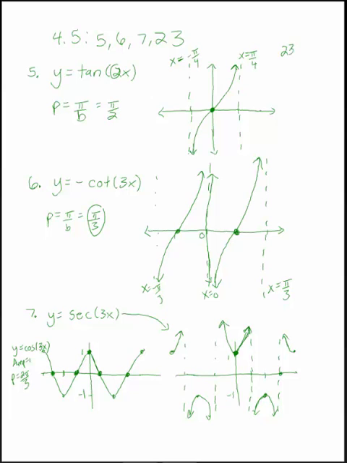So 23 is asking me, if I had the graph y equals cosecant x, and I wanted to transform that into the graph of y equals 3 cosecant x, it wants me to describe those transformations. Well, I would just vertically stretch the graph, or multiply every y value by a factor of 3. So that's going to be a vertical stretch.